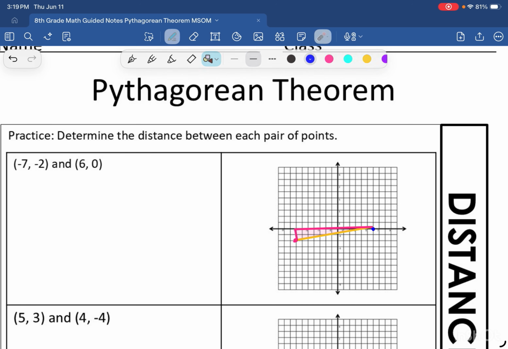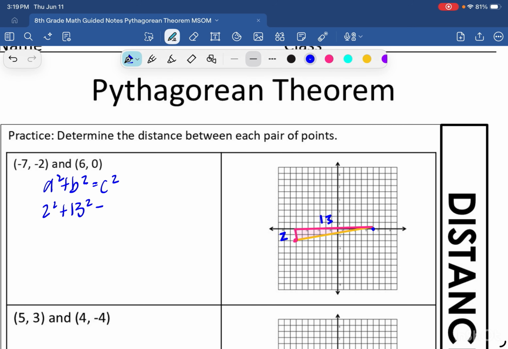So over here on the left side, I have 1, 2. That is a distance of 2. And then on the top, my distance is 1, 2, 3, 4, 5, 6, 7, 8, 9, 10, 11, 12, 13. Using the Pythagorean theorem of a squared plus b squared equals c squared, my two legs are 2 and 13.